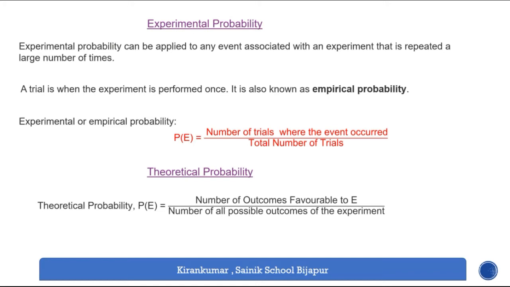Here, we assume that the outcomes of the experiment are equally likely. For example, when a coin is tossed, the probability of getting head is the same as the probability of getting tail. Such an event is called an equally likely event.